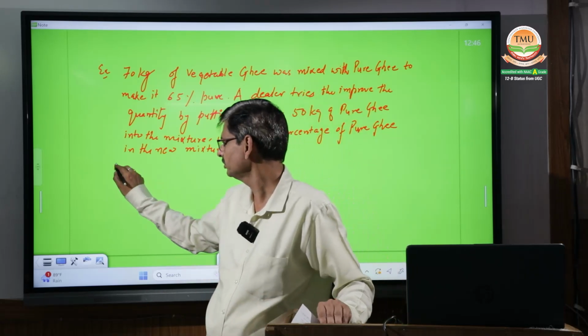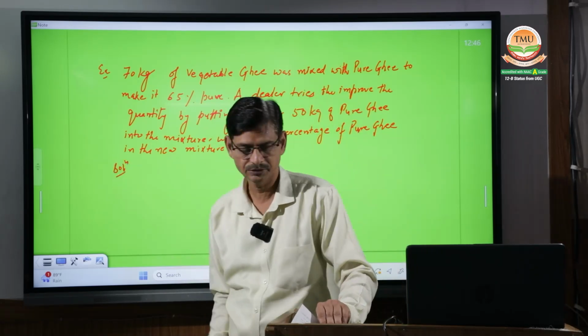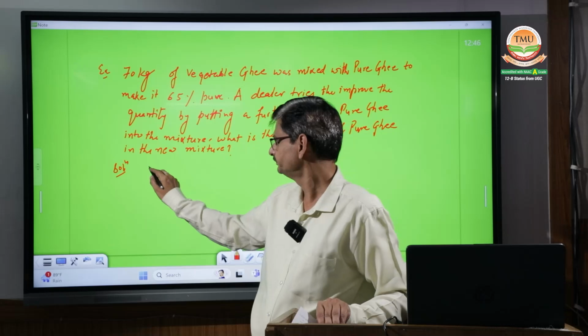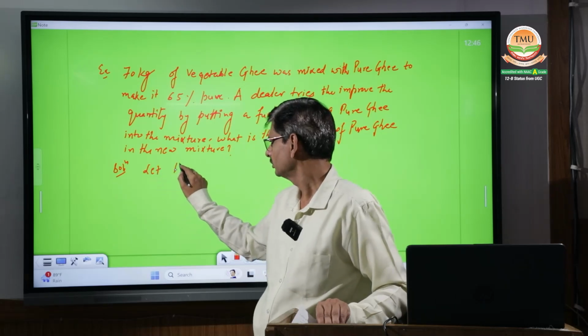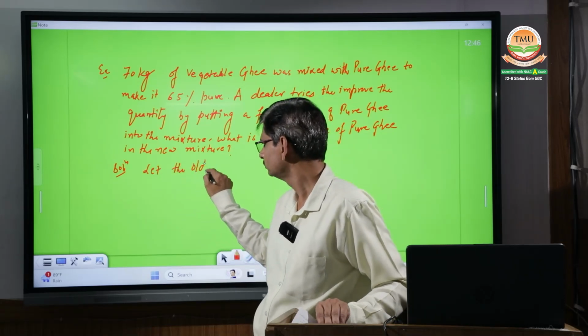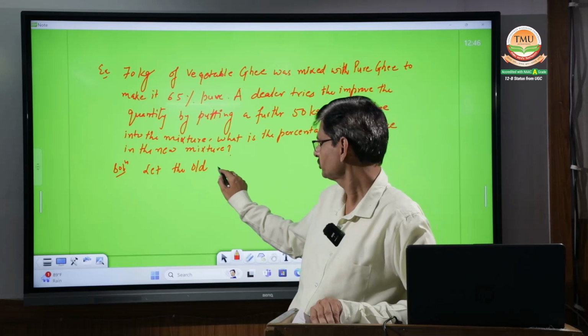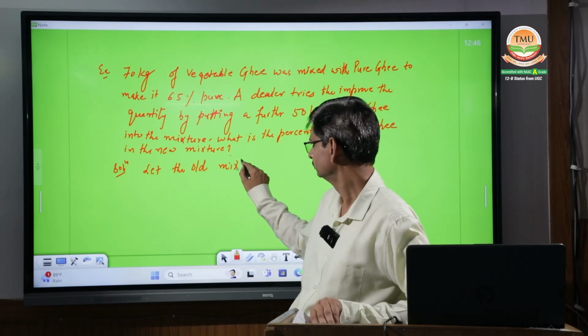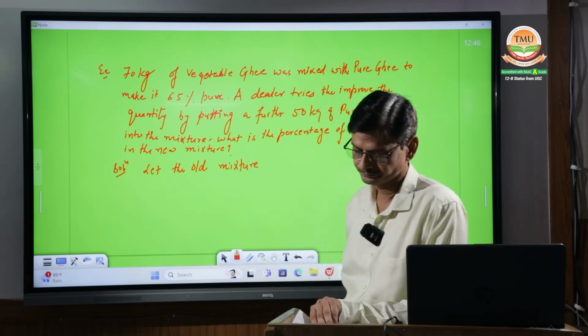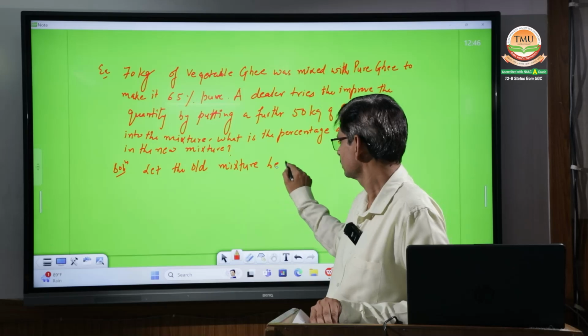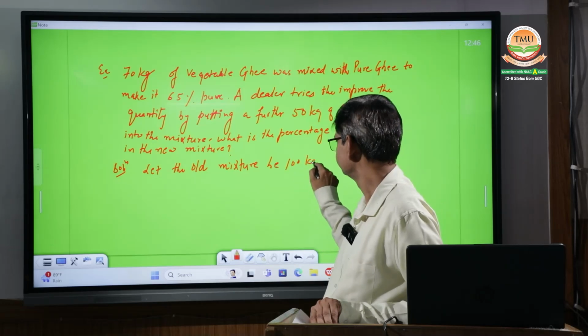Now the solution of this type of problem is, let the old mixture be, suppose, 100 kg.